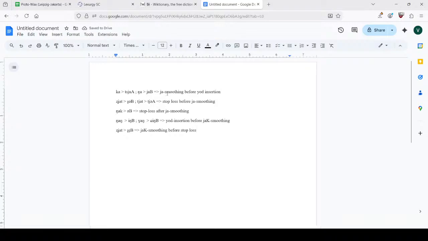So let's start with that, right? We have ya smoothing before yod insertion. Stop loss before ya smoothing. And then stop loss. Right. We're going to ignore this for now.